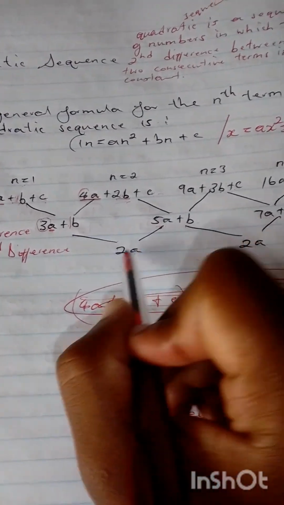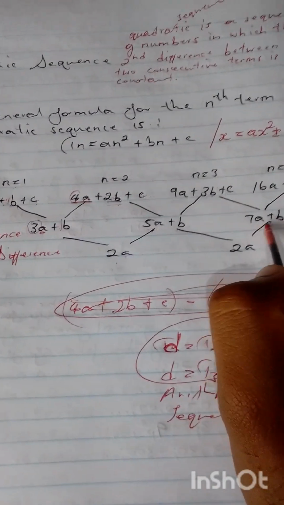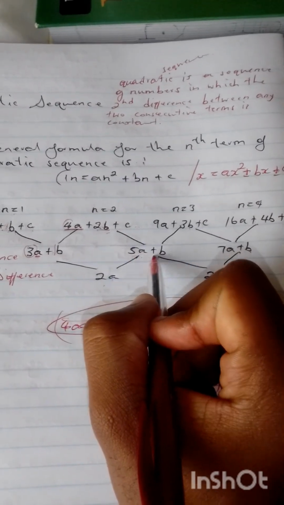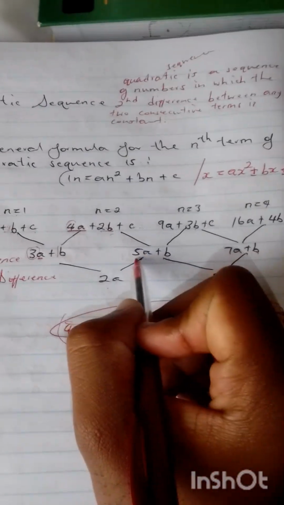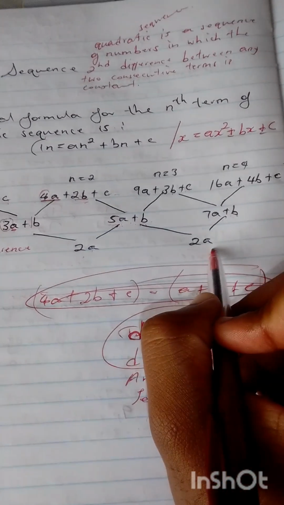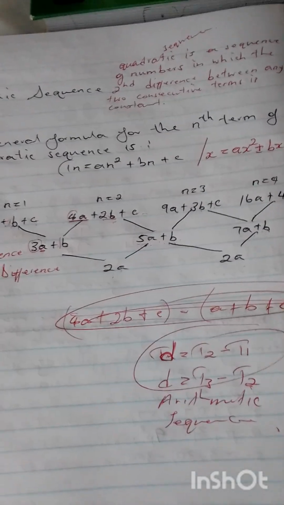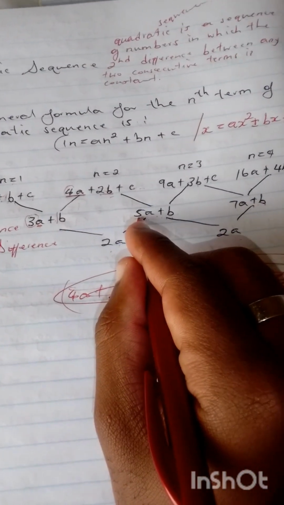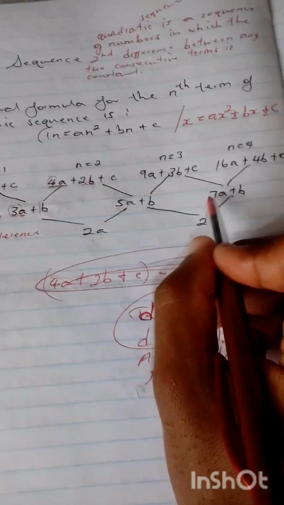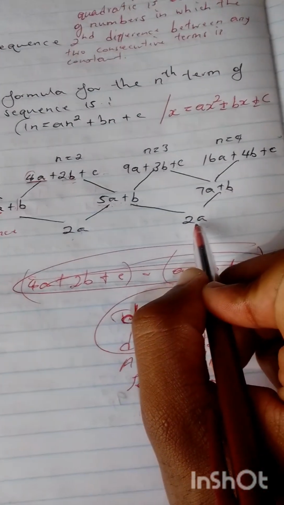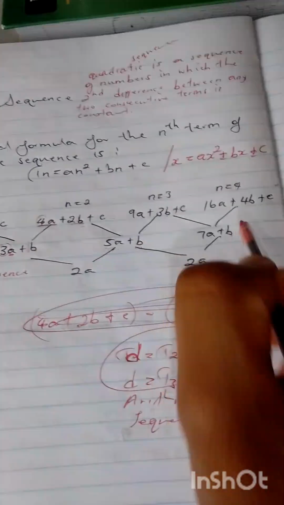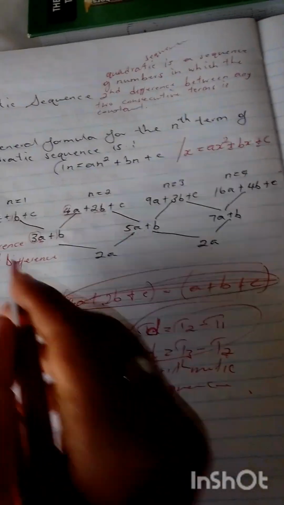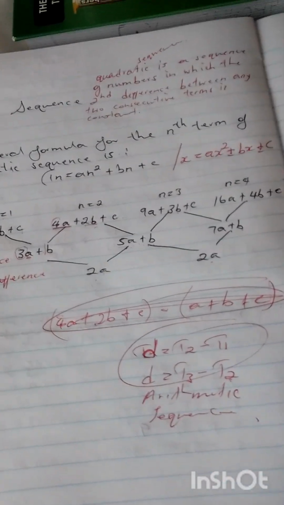Right, so then we're having 2a right there. Then 7a plus b minus 5a plus b: 7a minus 5a, we are having 2a. b minus b is 0. So now we have the second difference, which is 2a.